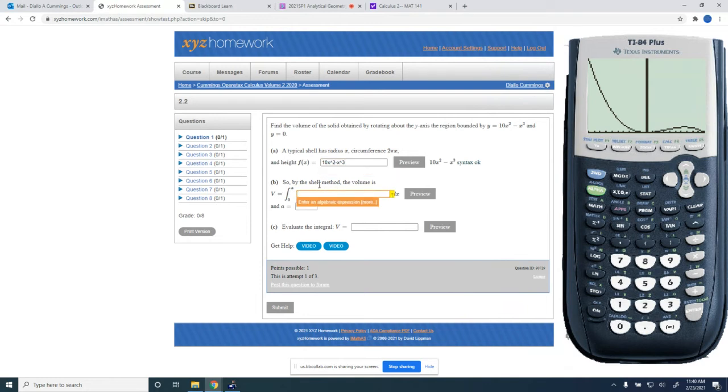All right, so we're going to find the volume by using the shell formula. So that's 2 times pi. I want to put the shell's radius, I'm just going to put that in a set of parentheses. I'm also going to put the function in a set of parentheses.